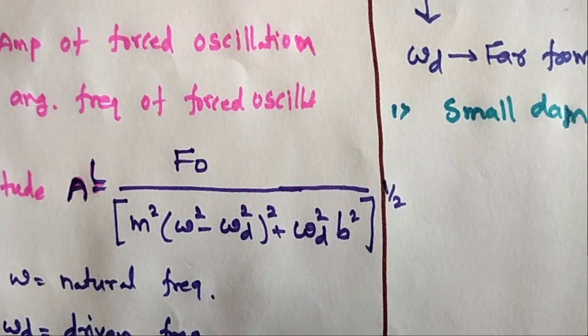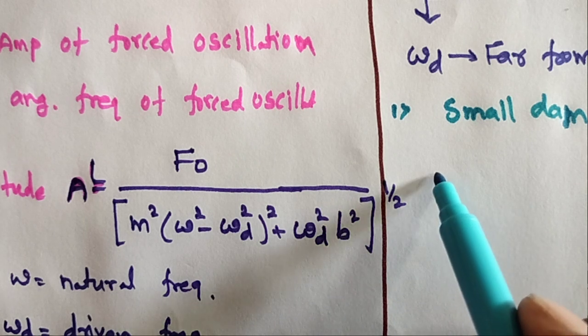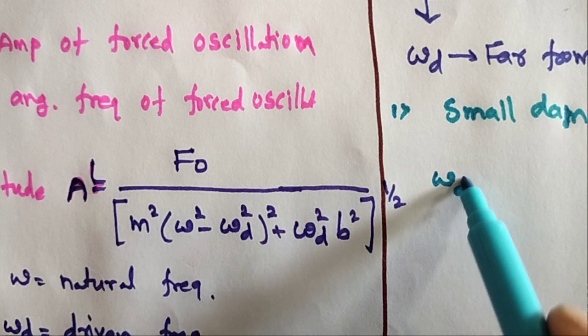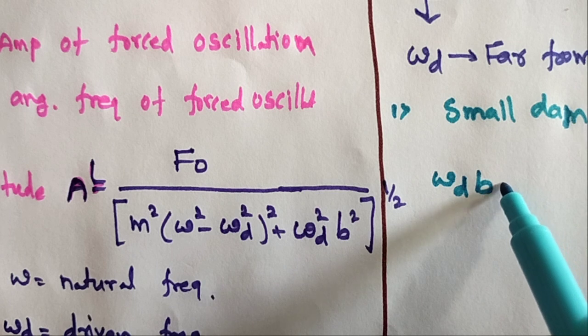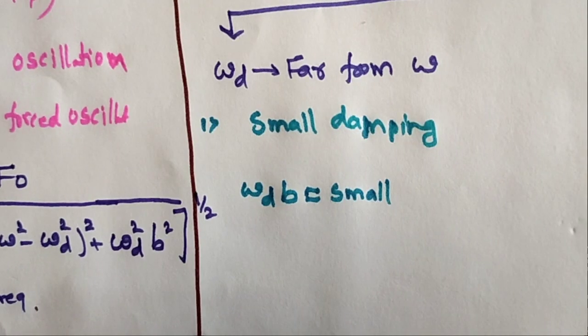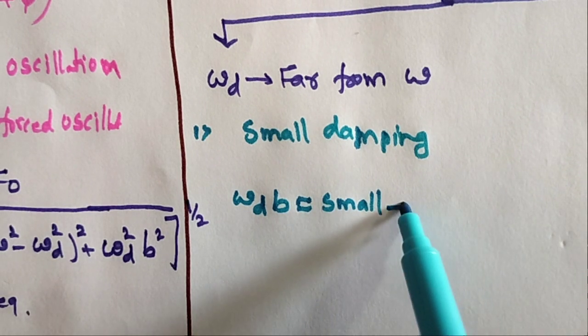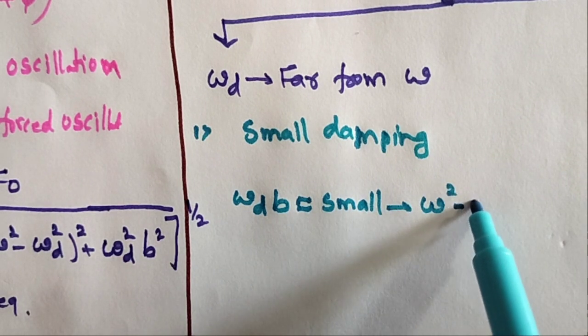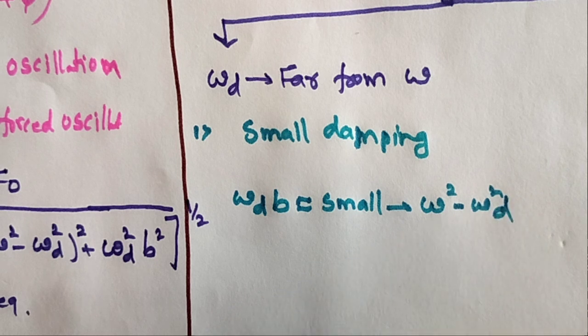This is the formula of the amplitude, we know that very well. In this case, omega d b is very small compared to the omega square d value.